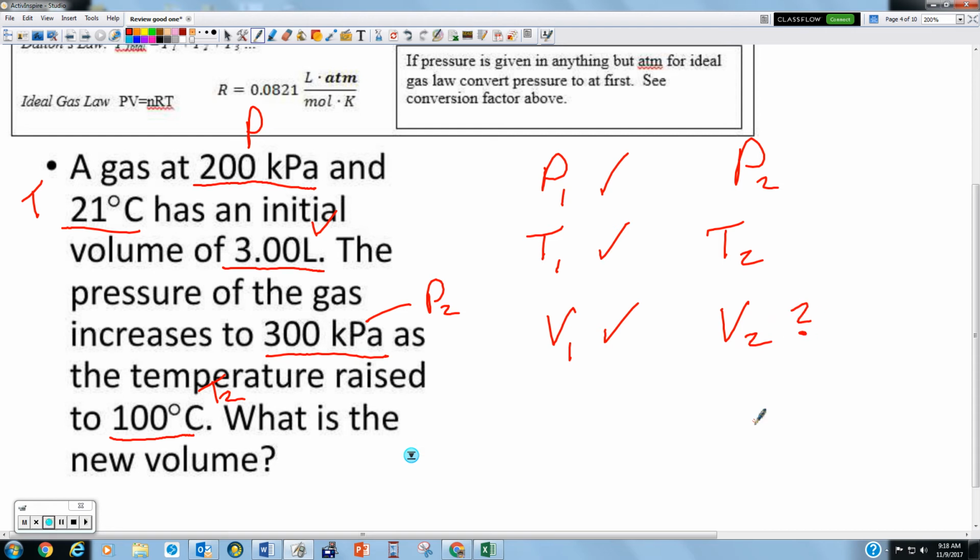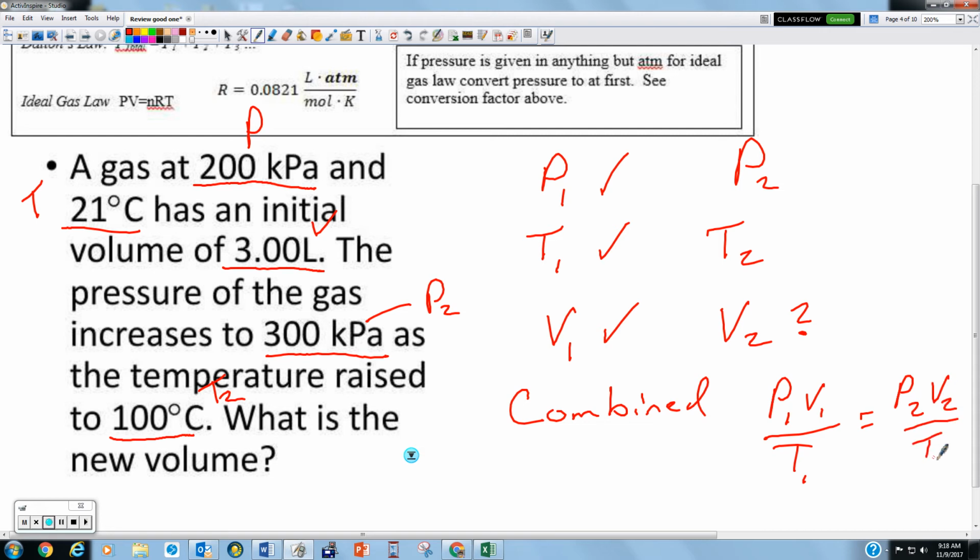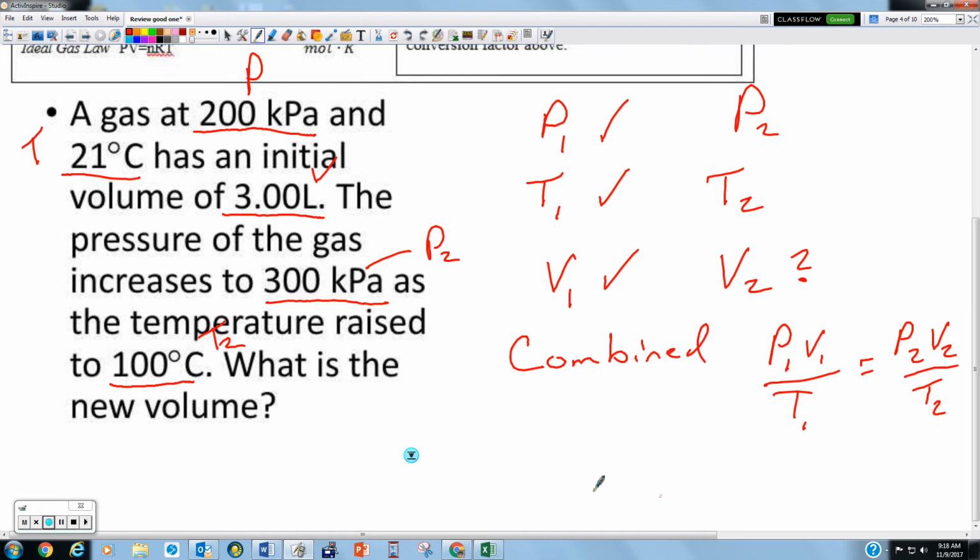So which of the gas laws are we going to use? Combined. And combined is P1 V1 over T1 equals P2 V2 over T2. All right, if I wanted to set up the equation, we could go ahead in there.